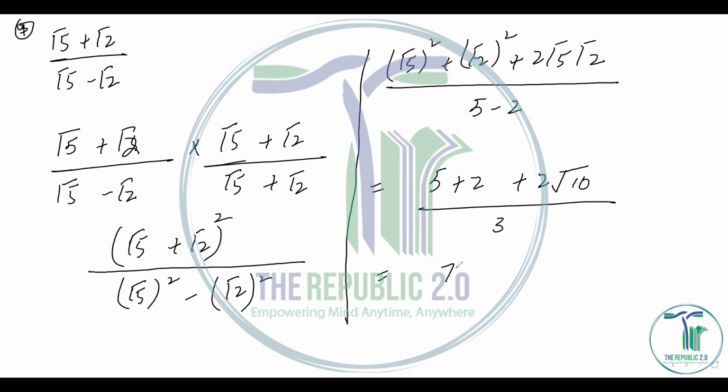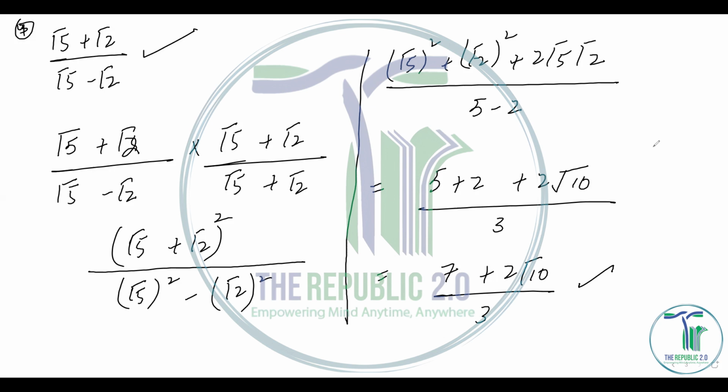So I would be having 7 plus 2 root of 10 divided by 3. So you can see that this was the original expression. And now I end up having 7 plus 2 root of 10 divided by 3. So now you can see that there is no square root in the denominator. And if there is no square root in the denominator, what does that mean? That we have got something like this.